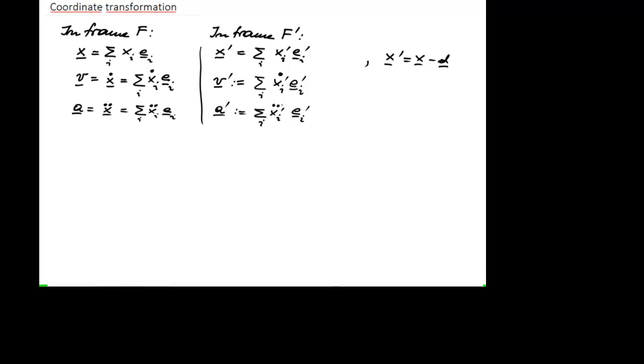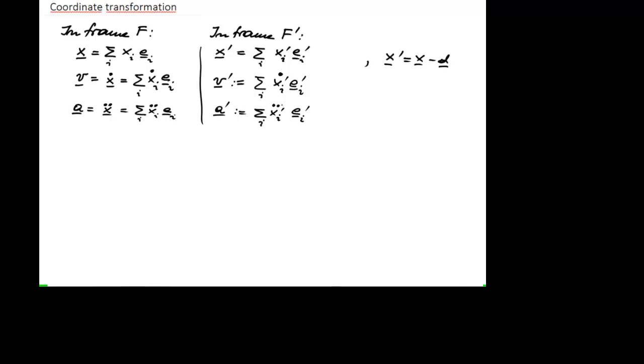So what we would like to do now is to relate. We've already related the position vectors to each other, x and x prime, and now we would like to relate the velocities and the accelerations to each other.